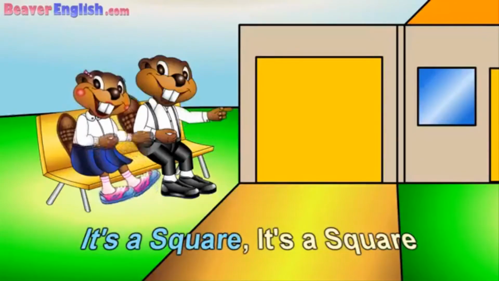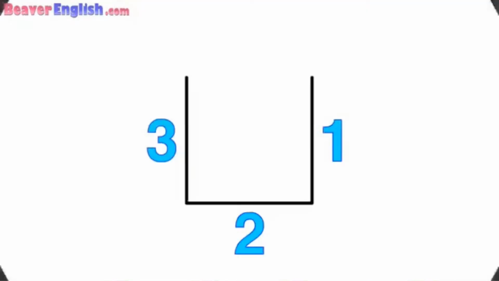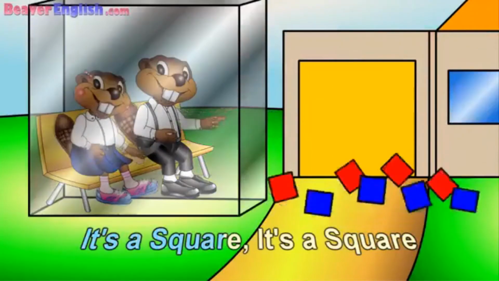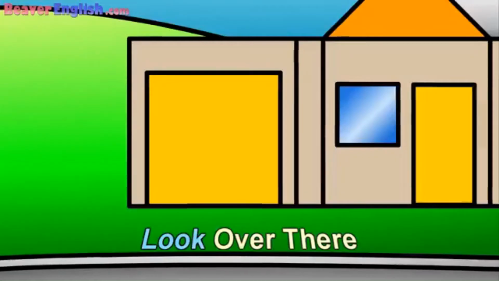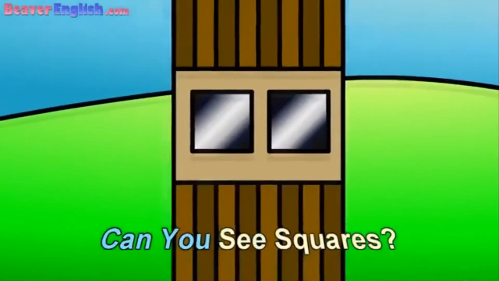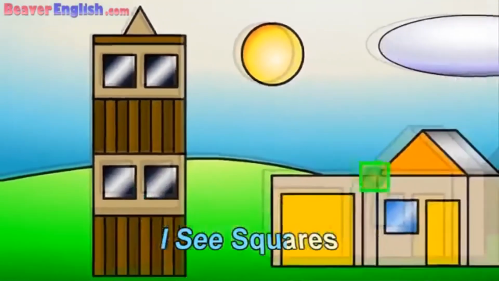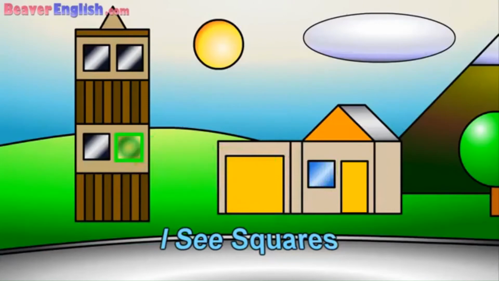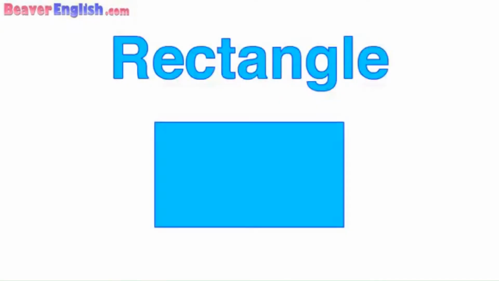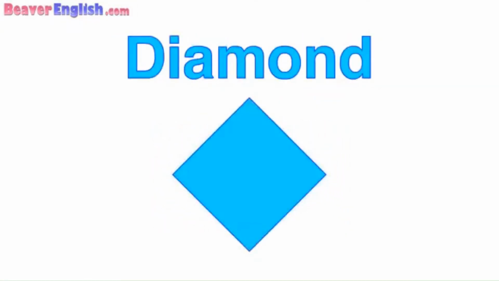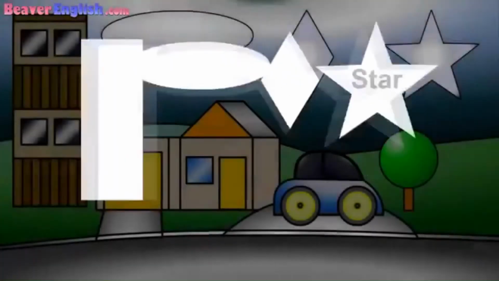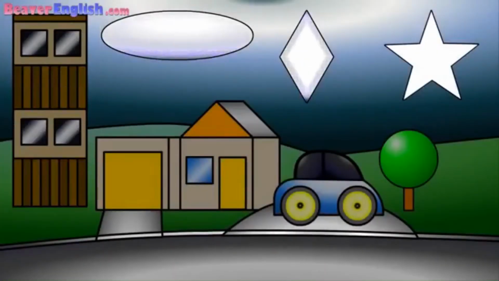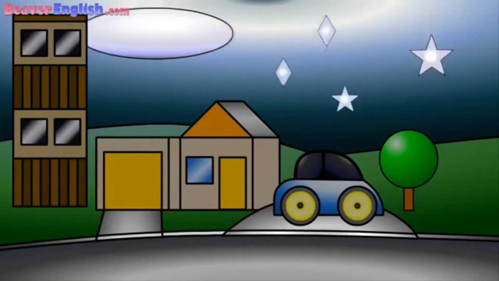It's a square, it's a square, 1, 2, 3, 4. Look over there. Can you see squares? I see squares. Rectangle, oval, diamond, star.